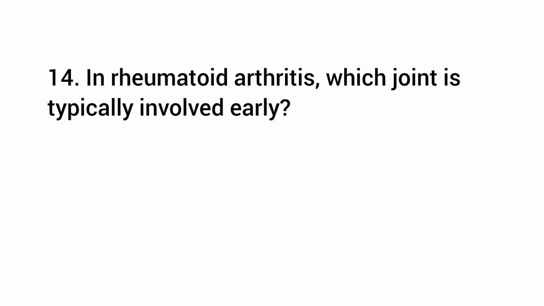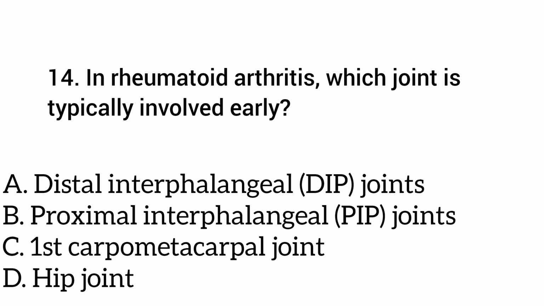Question number 14. In rheumatoid arthritis, which joint is typically involved early? We have A. The distal interphalangeal joint, B. The proximal interphalangeal joint, C. The first carpometacarpal joint, and D. The hip joint. Most correct answer is B. The proximal interphalangeal joint.